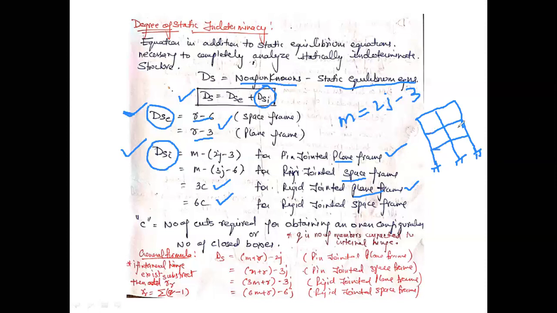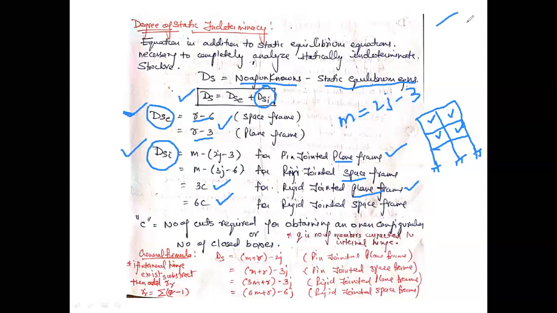If this is a rigid frame, then in this case the value of C will be 1, 2, 3, and 4, because C represents the number of closed loops. In this rigid jointed frame, the number of closed loops are 1, 2, 3, and 4. The value of C will be 4.